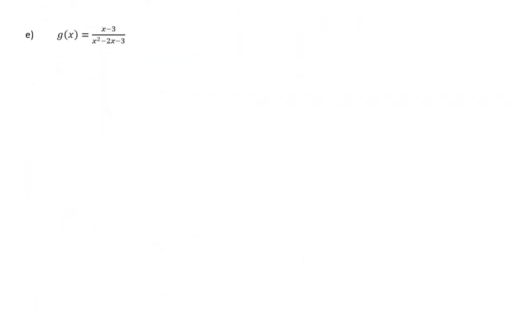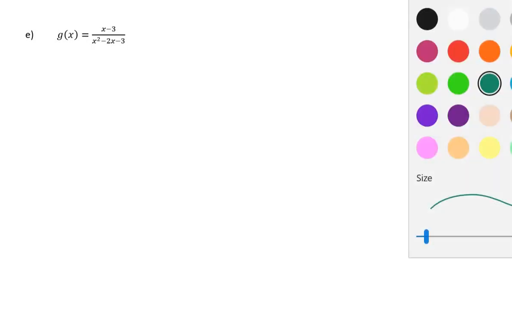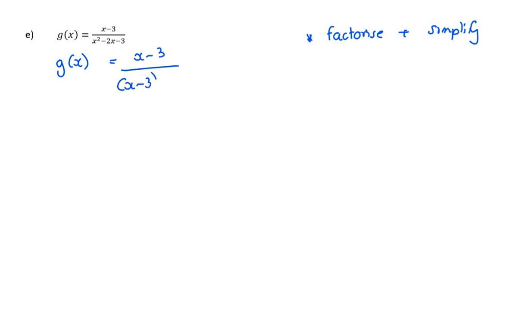Let's look at E. g of x equals x minus 3 over x squared minus 2x minus 3. First, very importantly, can you factorize and simplify? Now this looks promising because x minus 3 might be a factor at the bottom there, so let's check. If I factorize the bottom, I indeed do get x minus 3 and x plus 1, which means I can cancel this factor.